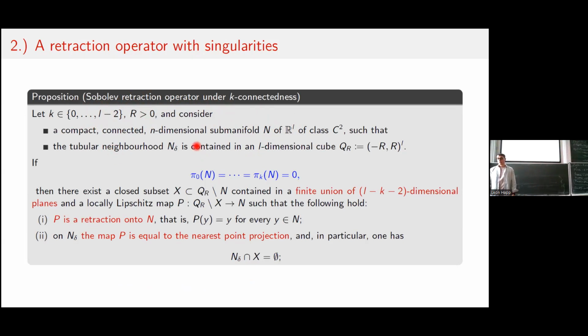And then if the first k fundamental groups of your target manifold disappear, there exists some closed subset X, which is the set of singularities of your retraction in the end. So there the retraction will not be defined. But luckily it's lower dimensional. So it's contained in the finite union of L minus k minus 2 dimensional planes.